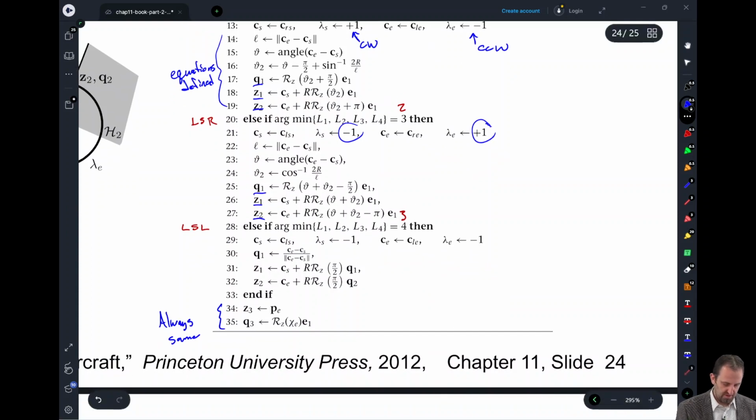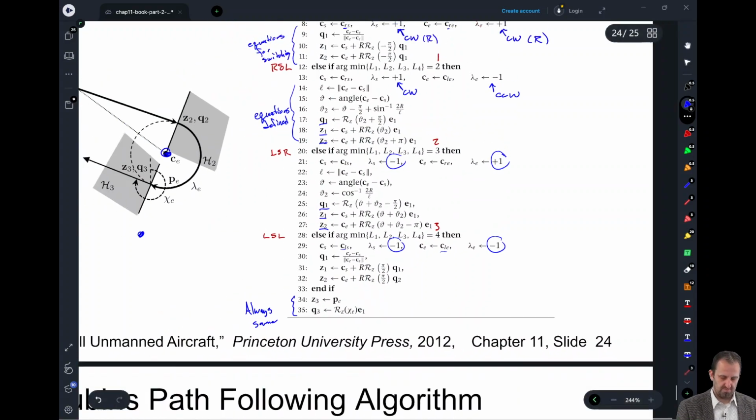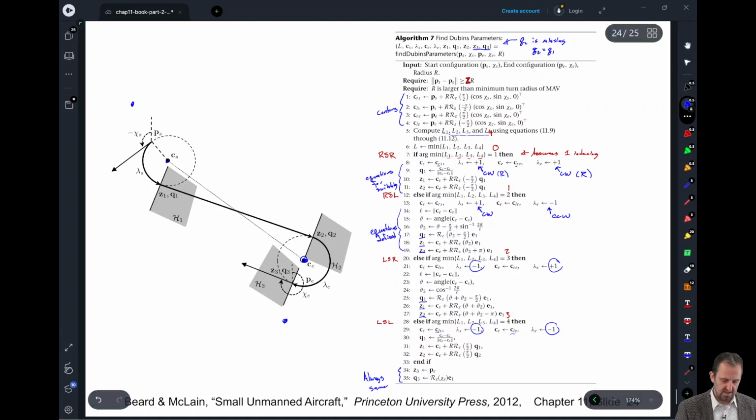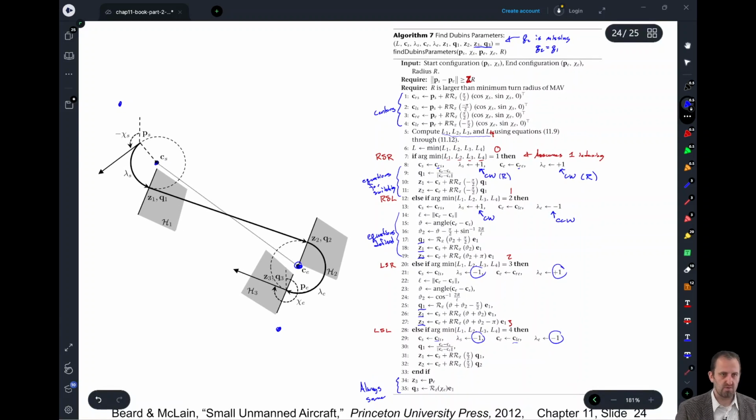Then similarly for LSL, we're doing counterclockwise on both of our circles, the left circle for each one, and then we define Q1, Z1, and Z2. And like we mentioned before, we always define Z3 and Q3 the same. So this will allow us to define our Dubins parameters. We figure out which one is the lowest cost, and calculate our switching planes and parameters accordingly.